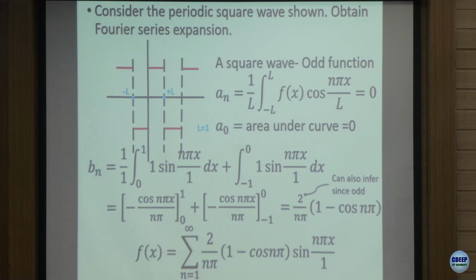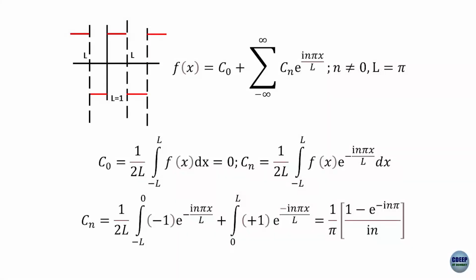Unfortunately I don't have the algebra, so we'll have to just quickly do it. So this guy here, I've got 1 by pi, 1 by in, and should this Cn be a complex number or a real number?